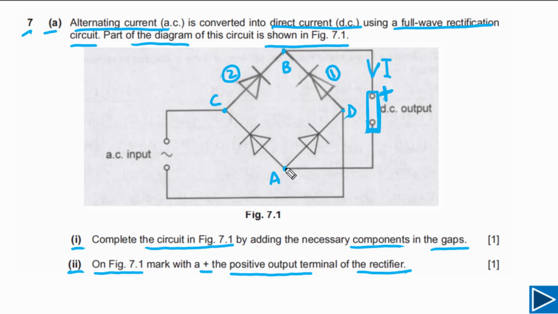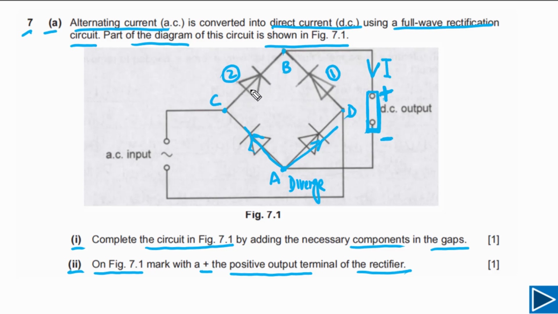If you look at these diodes, they diverge. You see, they are diverging at this point. And where these diodes diverge, that is always negative.